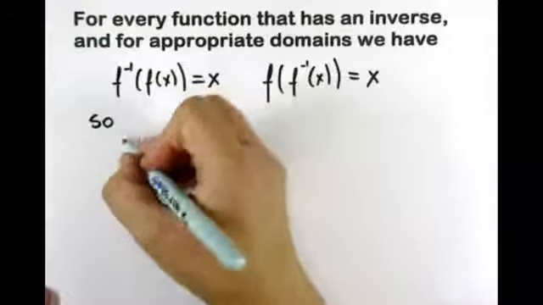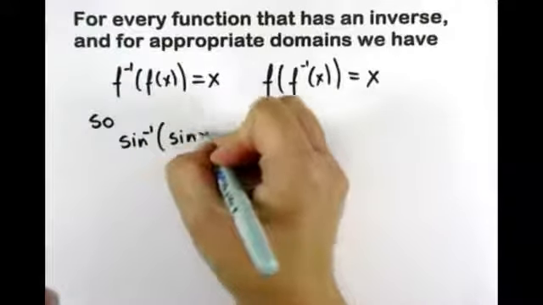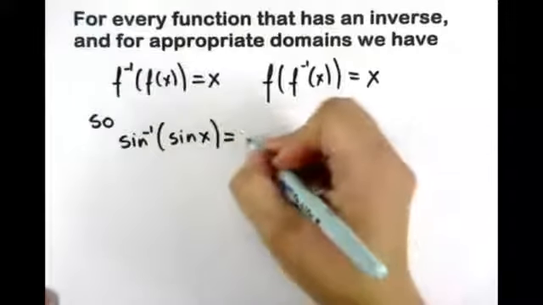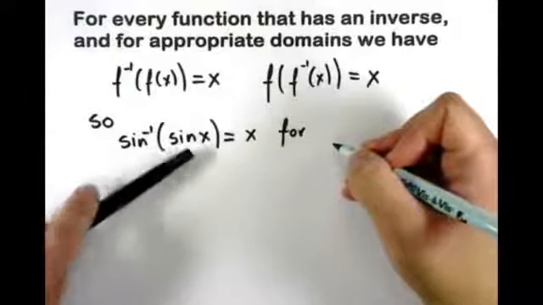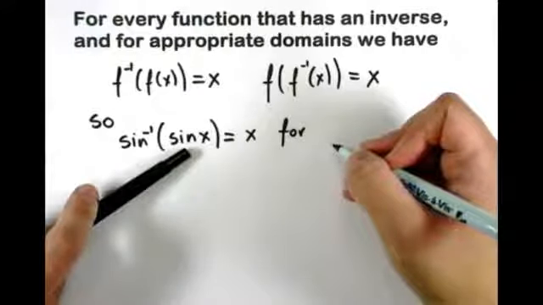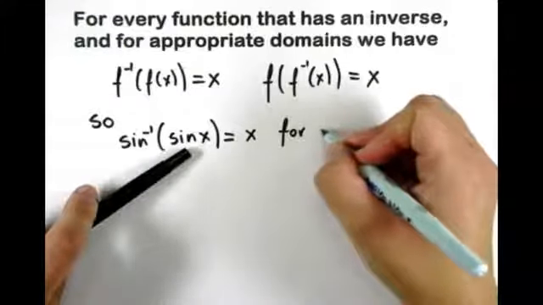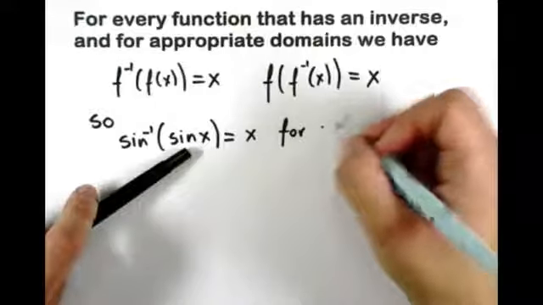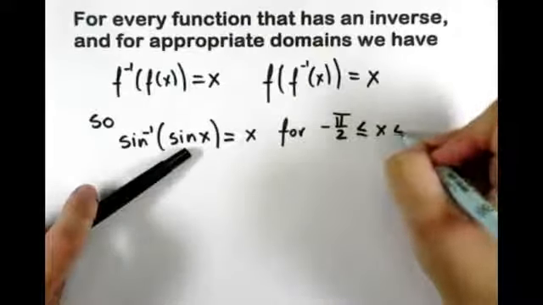So sine inverse of sine x will be equal to x, but for the domain of the function inside, the sine domain is all real numbers, but so that the inverse exists, we restrict it to x from minus pi over 2 to pi over 2.